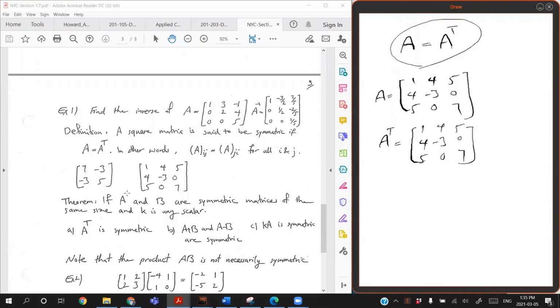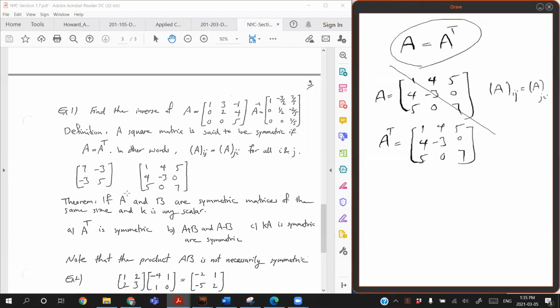So it's a situation where A transpose and A are the same. That would make this matrix symmetric. Now, if you notice, if I just draw a line here on the main diagonal, I can see that these two are the same. These two are also the same, and these two are also the same. Yes, that is Aij is the same as Aji. Entry on the ith row and jth column of A is the same as entry on the jth row and ith column.